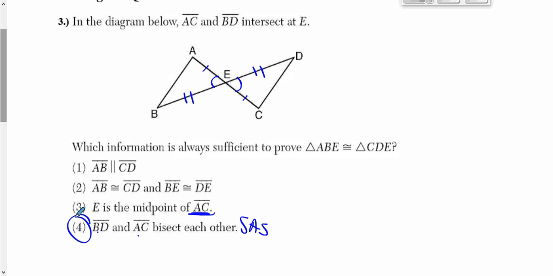I want to look up here. How about number 1? Would number 1 get our triangles congruent? Parallel? Well, wouldn't that make, say, these angles congruent because they're what? If we make parallel lines cut by a transversal, those would be what angles?